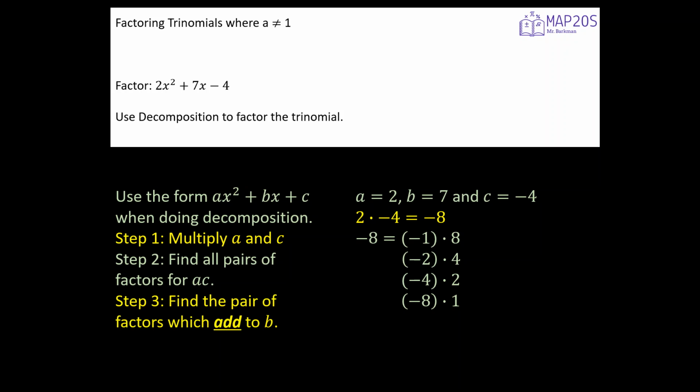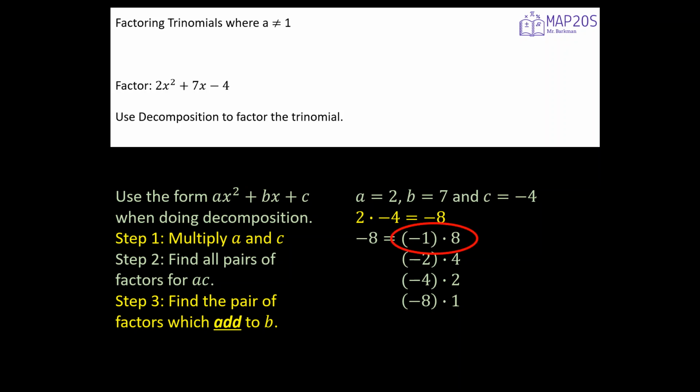Step 3 is to find the pair of factors which adds to b. Well, if we go back and look at b, b is 7. And so we have to try to find which pair adds to 7. Now be careful for the negatives in there, because again, a negative and a positive is going to make a number that is not just adding them together, right? It's a negative and a positive. So if we look at -1 and 8, -1 and +8 would actually become +7.